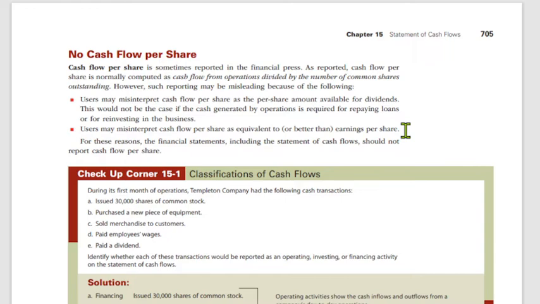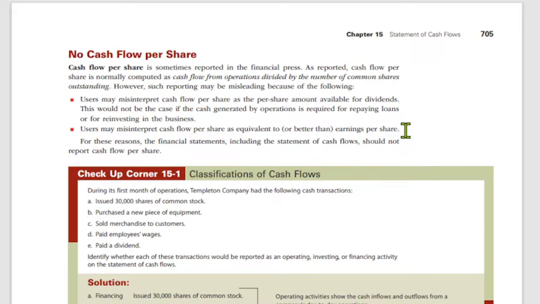Kasi po pwede na yung cash flow per share na yon ay gagamitin pa for operations in the succeeding period or pwedeng i-reinvest. So it will depend on the decision of the company. So it is not wise for an average user to think that the cash flow per share is the amount available for dividends or it is equivalent to the earnings per share.